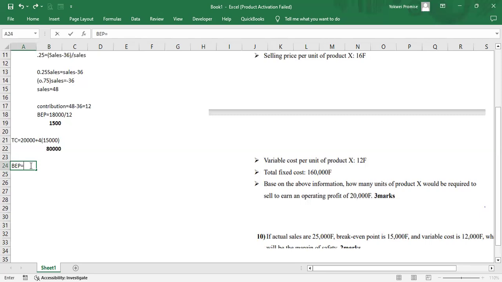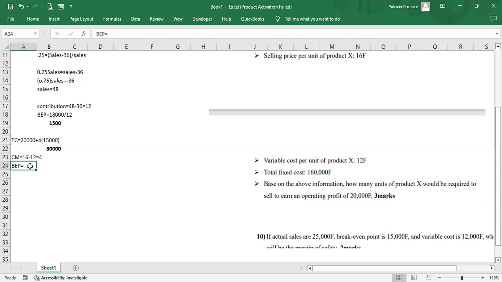So based on the above, we know that the break-even point in units will be fixed cost over unit contribution margin. Here the selling price has been given to be 16, and the variable cost of the product has been given to be 12. Meaning our contribution margin will be equal to 16 take away 12, which is equal to 4.